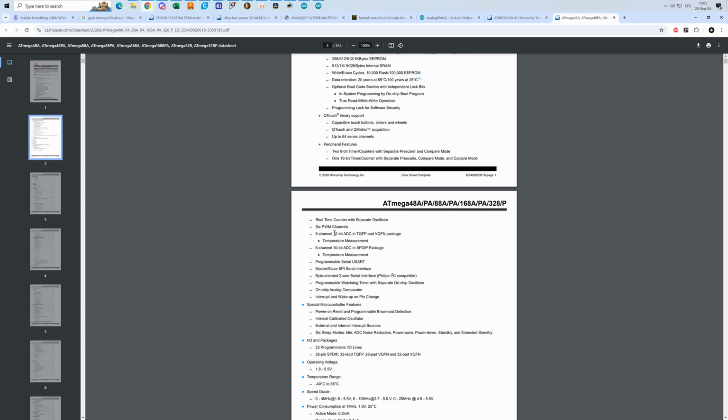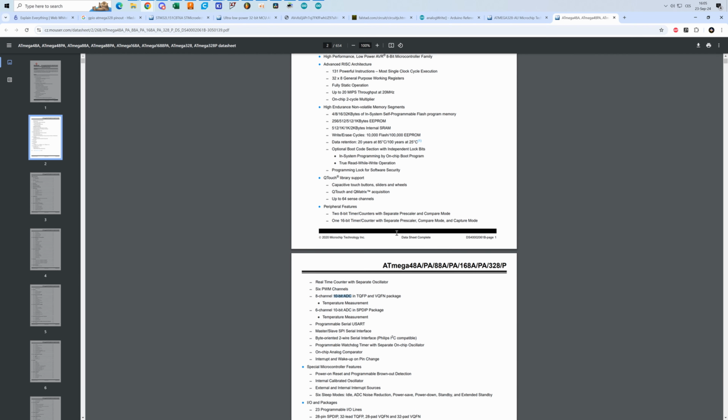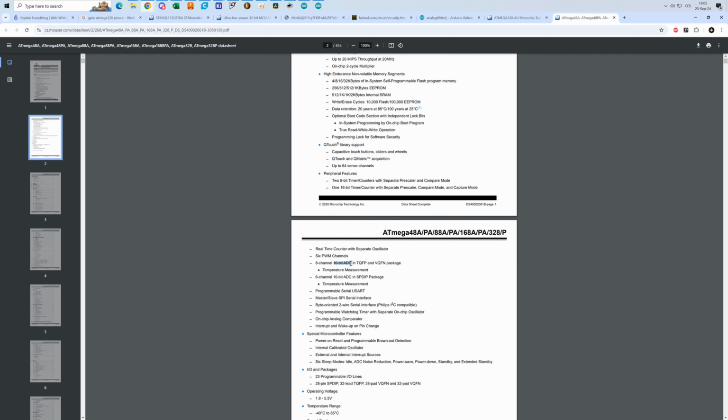So if you are expecting a 16-bit ADC to sample a signal a million times a second, well, that's going to be a very, very expensive ADC. For example, Arduino has a 10-bit ADC, and the sampling frequency of the ADC is somewhere between 9 and 10 kilohertz, if I remember correctly. So you can sample a signal with 10-bit resolution, and you can do that 10,000 times per second on an Arduino.